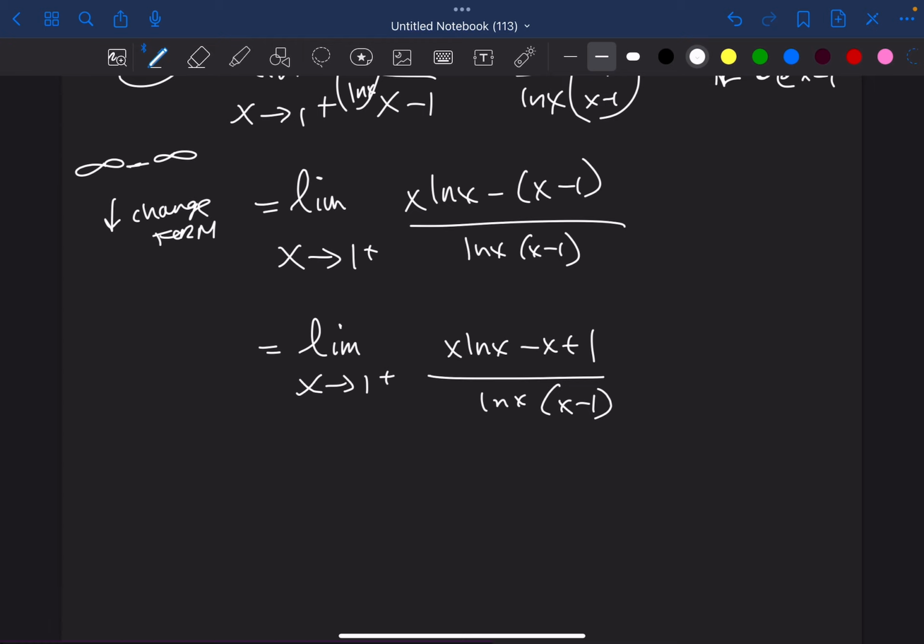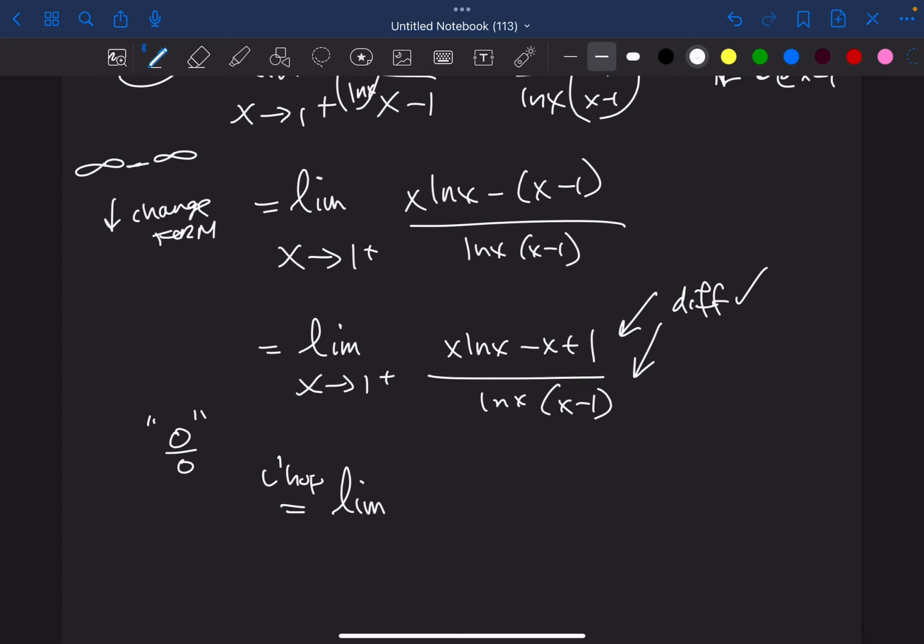So that is now, when we go to 1, I think it's pretty clear that that's going to be of the form 0 over 0. Yes? Take a second and convince yourself of that. Now you can do L'Hopital's rule, because the top and the bottom are both differentiable.